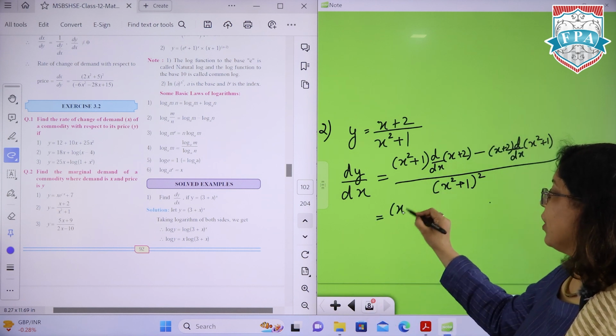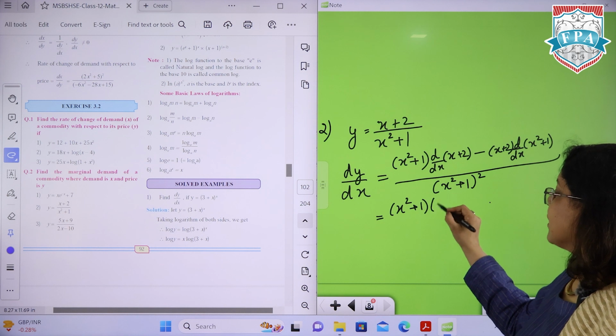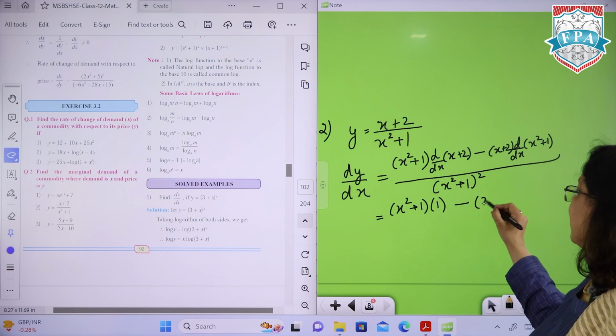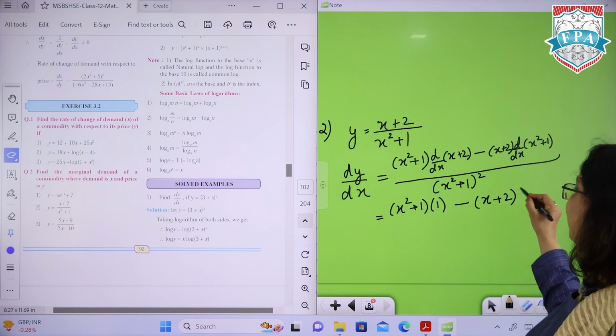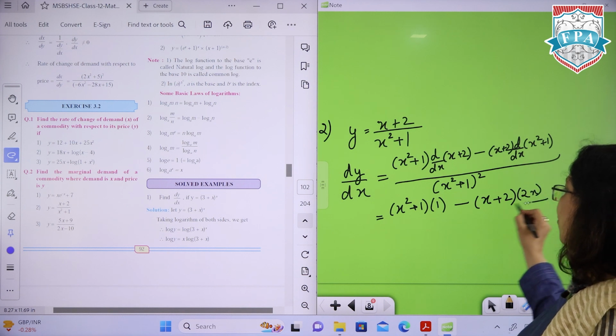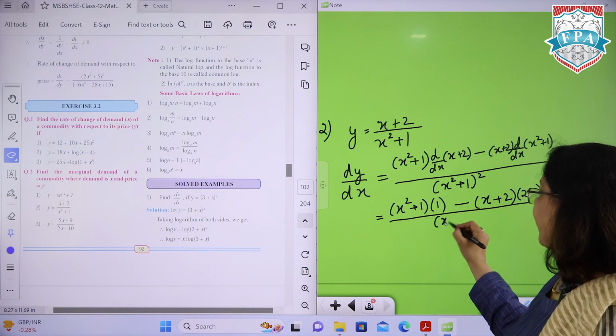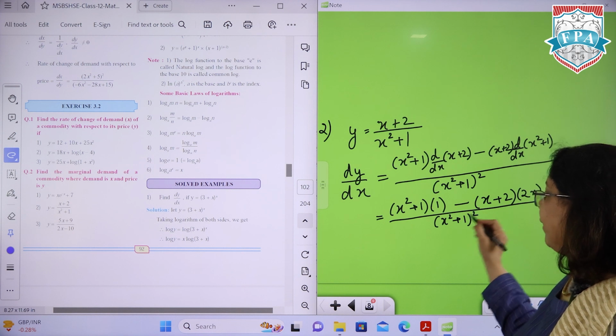In this, x² + 1 is unchanged. This is 1, minus (x + 2), and here we get 2x, whole divided by (x² + 1) whole squared.